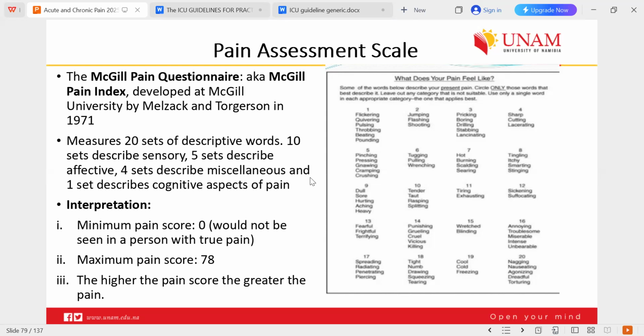These are descriptive words that represent both sensory and affective components of the pain, and even one of them represents the cognitive aspects of pain. So the McGill questionnaire, although laborious, covers every aspect of pain assessment, both subjective and objective.